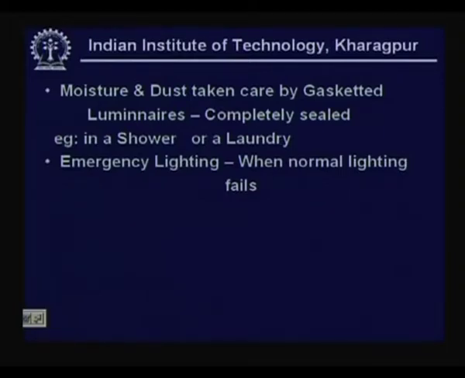Now, the other categorization of lighting needs to be done before we look at these illumination systems. One is emergency lighting. You need certain minimum lighting even when the normal lighting fails, so that you are able to move around and take care of your basic activities without any unsafe accidents.